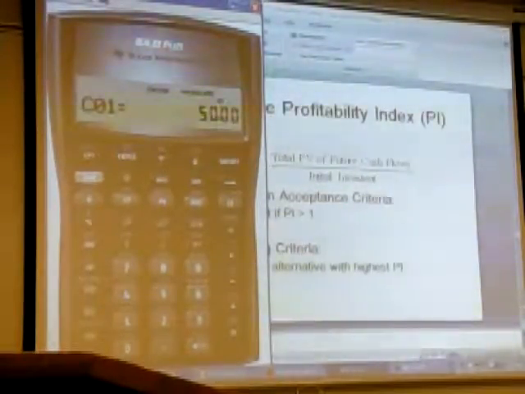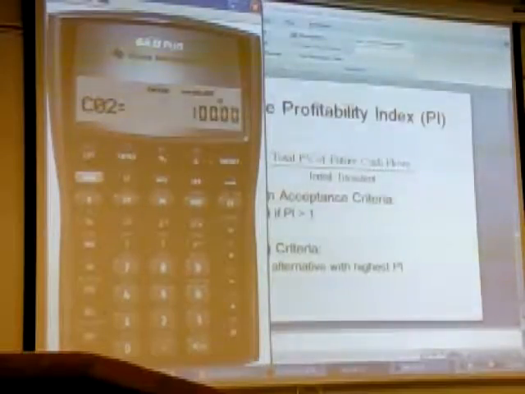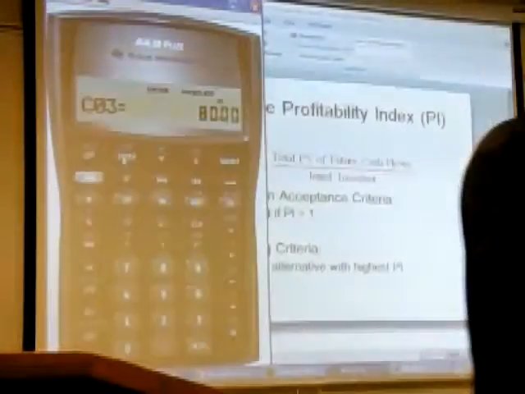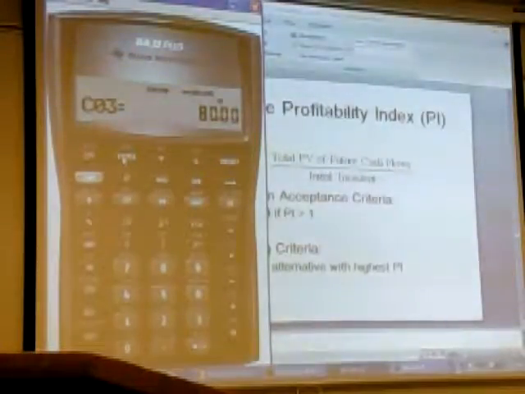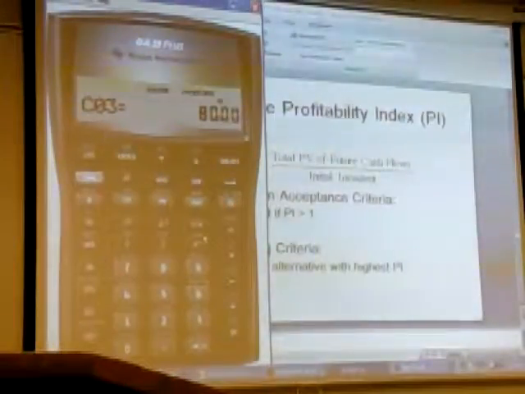Enter. Next one is 100. Enter. Next one is 80. Enter. Now remember, I did not enter anything on CF0 because it's negative. Here I only want the present value of cash inflows, but I'm still using the net present value key to do it.